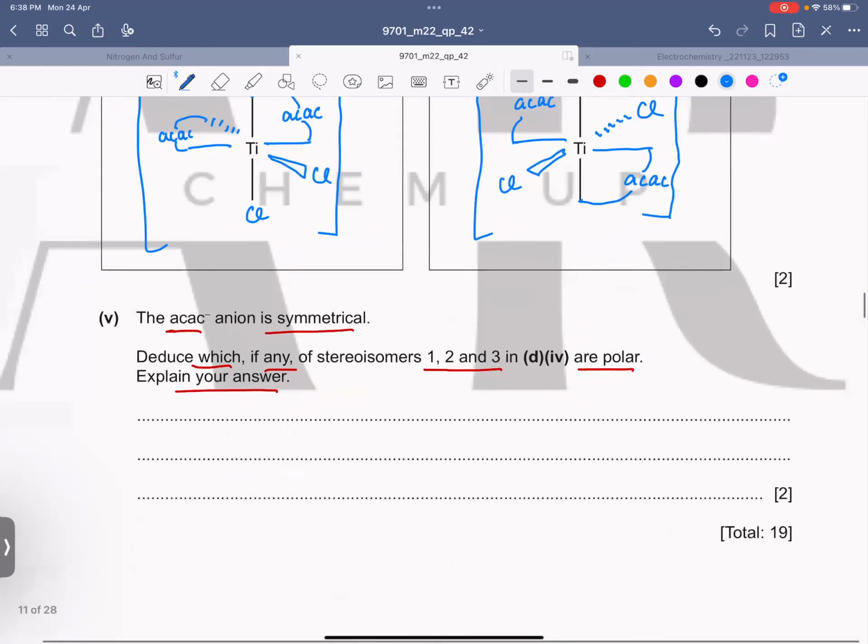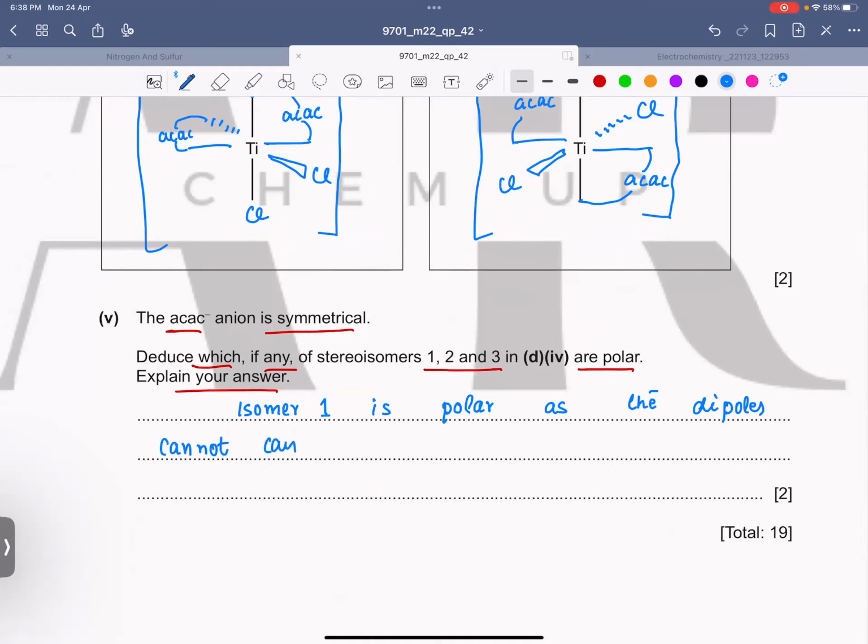So isomer 1 is polar as the dipoles cannot cancel out.